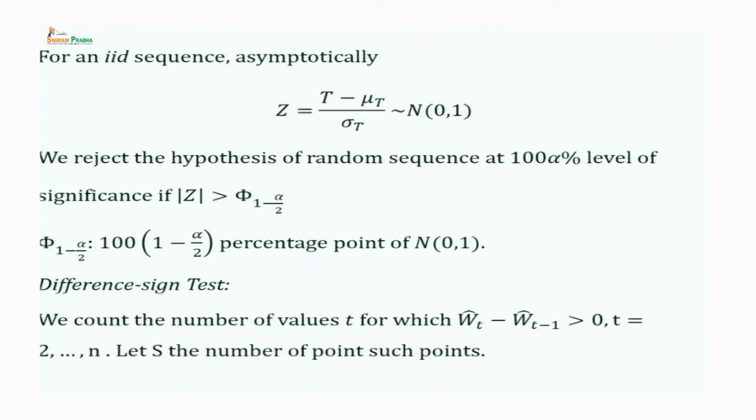The second test is the difference sign test. Now, you consider the differences W hat t minus W hat t minus 1, and then we count the number of values of t for which this difference is positive.